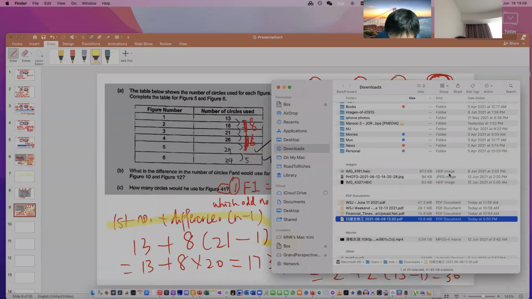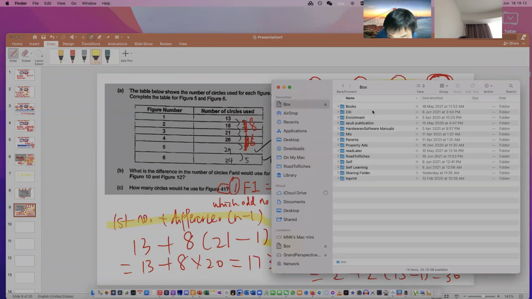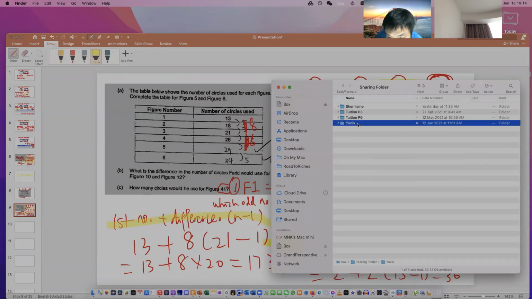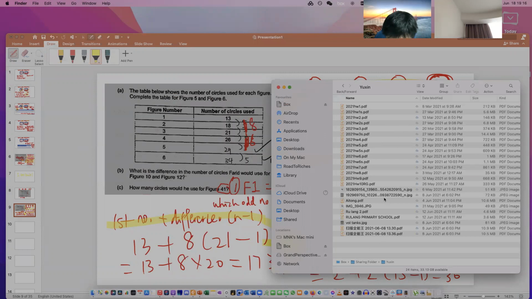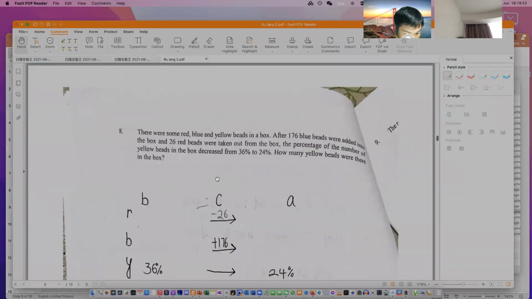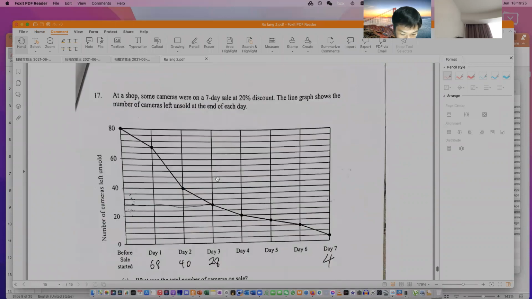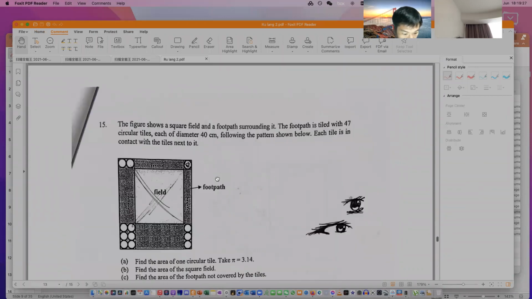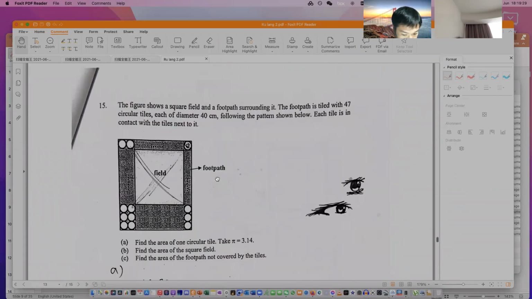I got this question from Yu Xing. So let's go to 1 and 2. Okay, good.